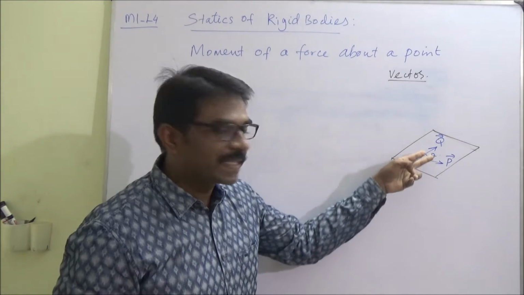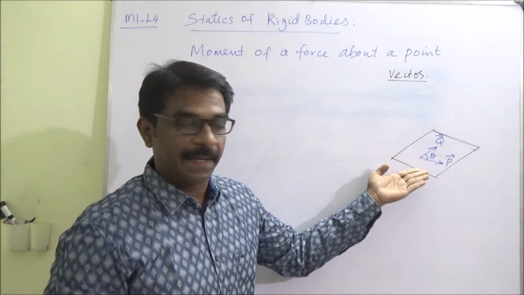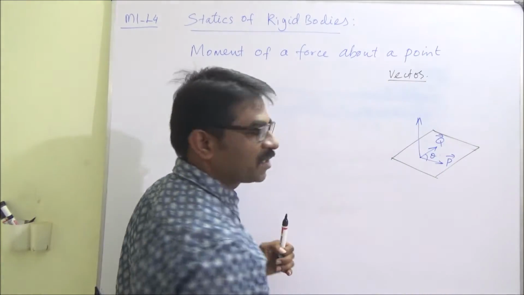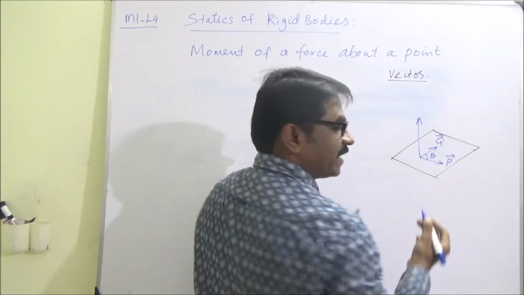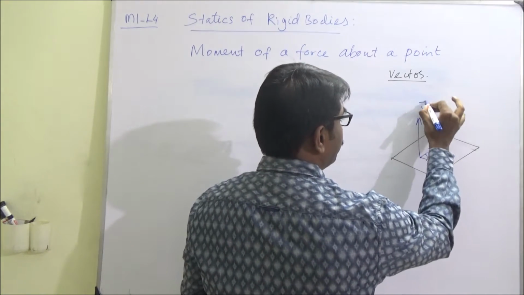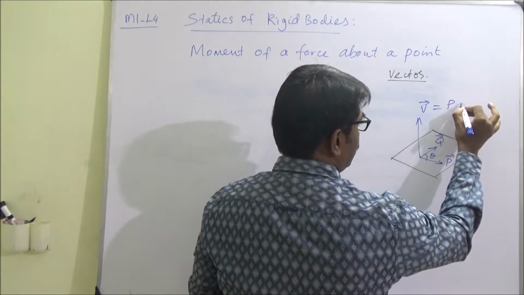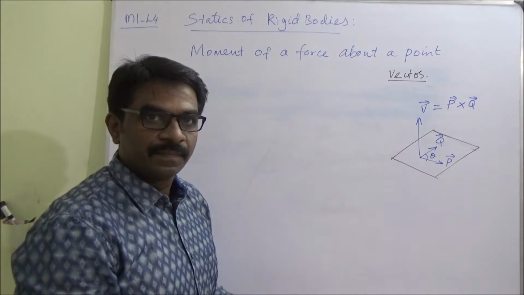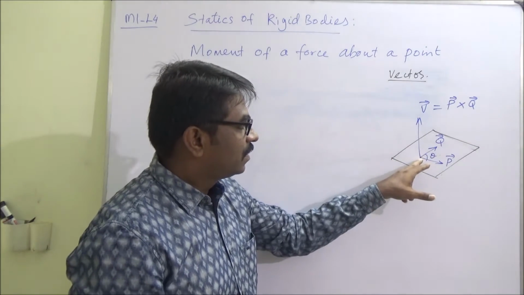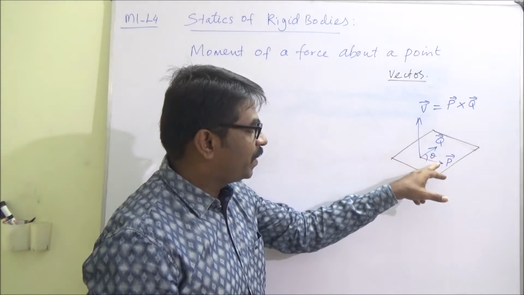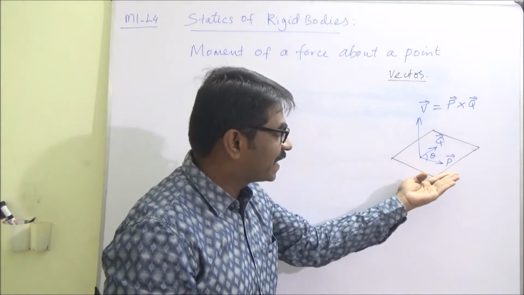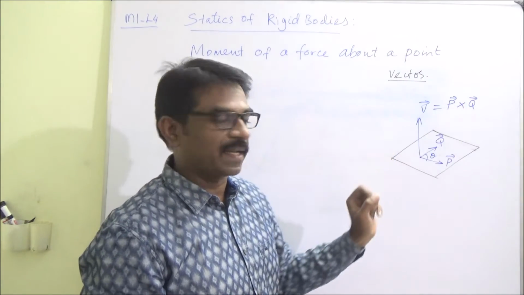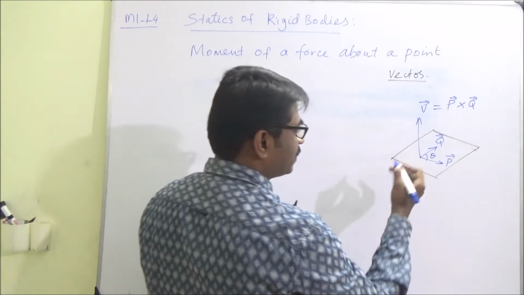These two vectors are in the same plane. Then the vector perpendicular to this plane, let us take that vector as V vector, is P vector cross Q vector.